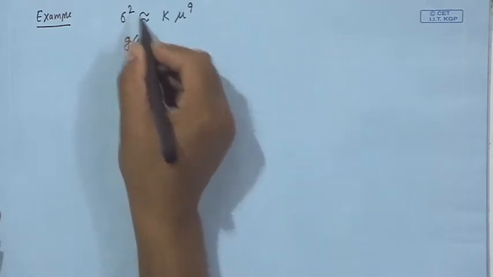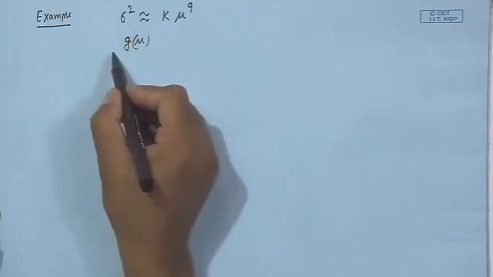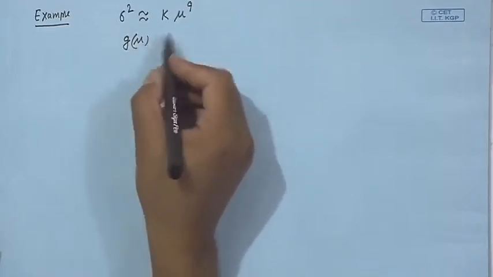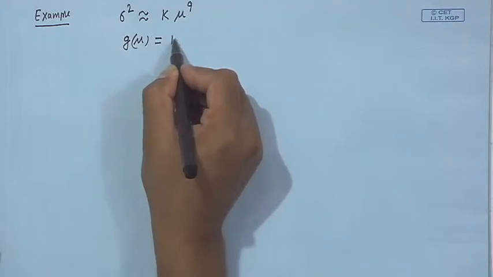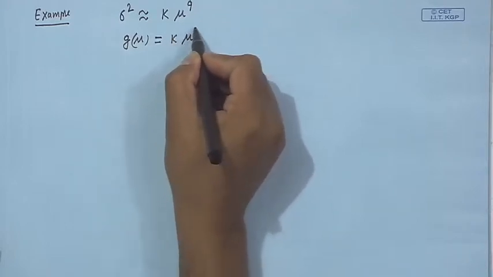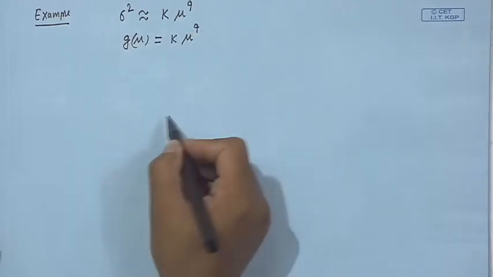Variance of y, which is sigma square, is a function of mu, and that function is equal to k mu to the power of q.